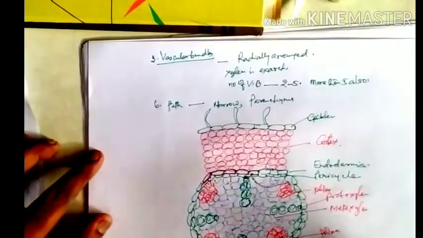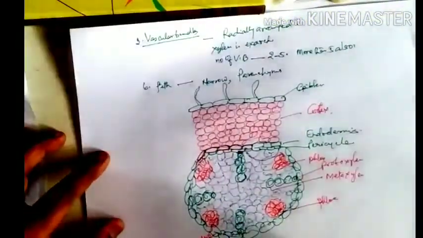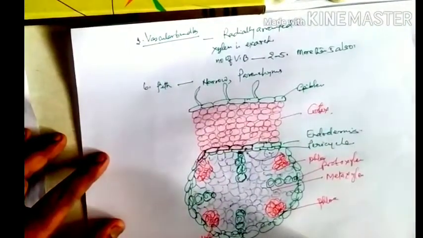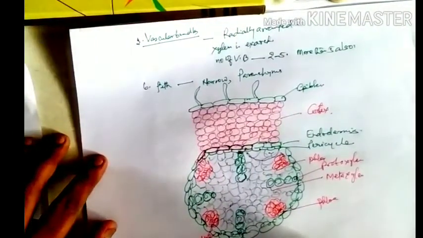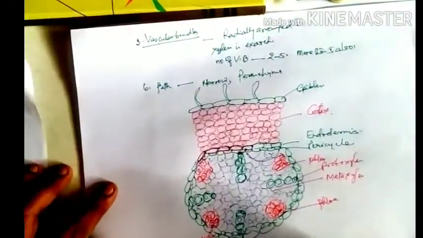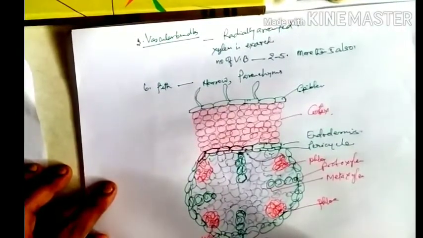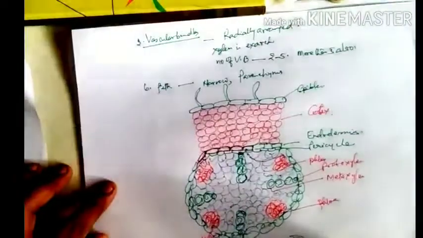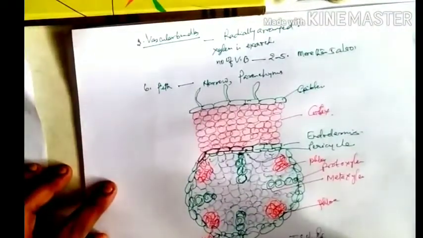So this is the typical dicot root TS. The example is gram, TS of root.